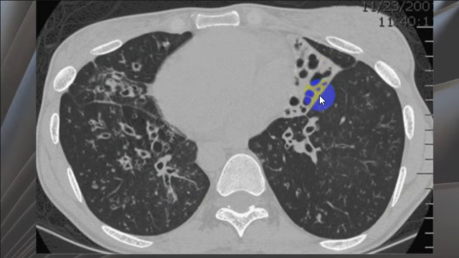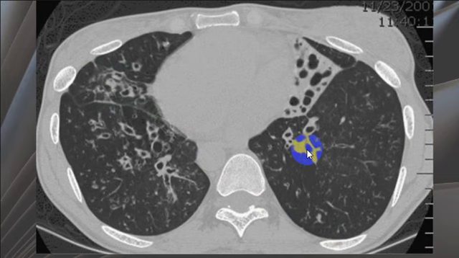It is on the left side because it is situs inversus, and here also the lingula, and we see the bronchiectatic changes with wall thickening, giving the signet ring appearance. And also we see scattered tree-in-bud opacities due to mucus impaction in this patient.